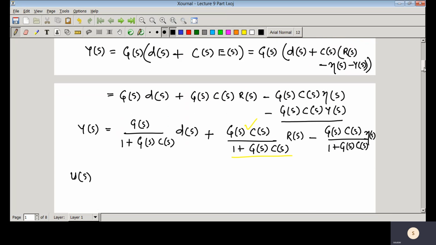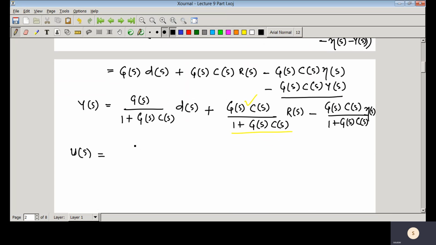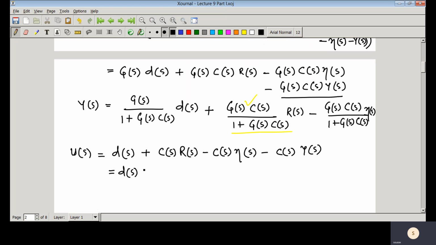That signal is CS into RS minus the same expressions we are writing, eta S minus CS YS, and if you just replace the YS there, CS eta S, so in place of YS we'll be replacing this expression.